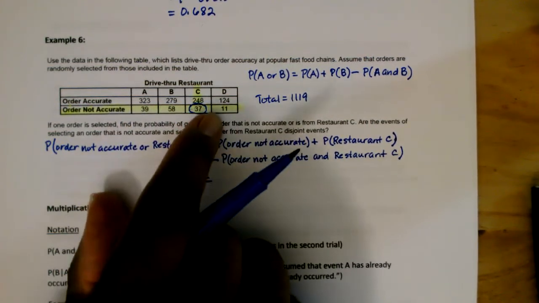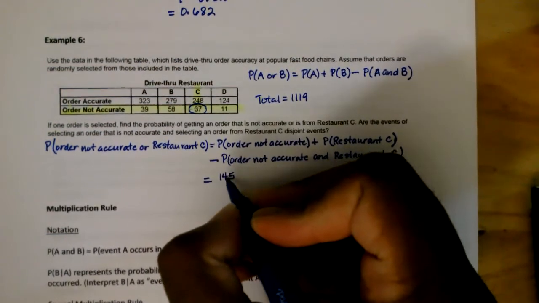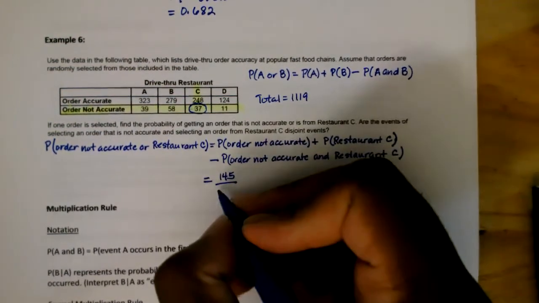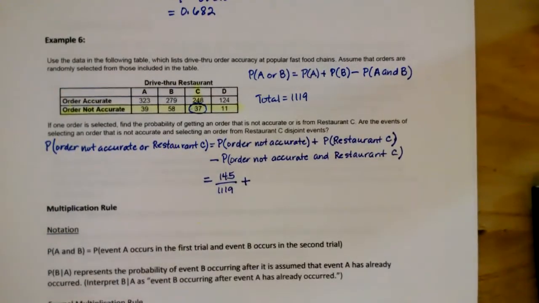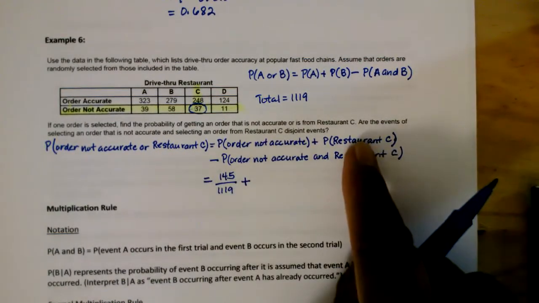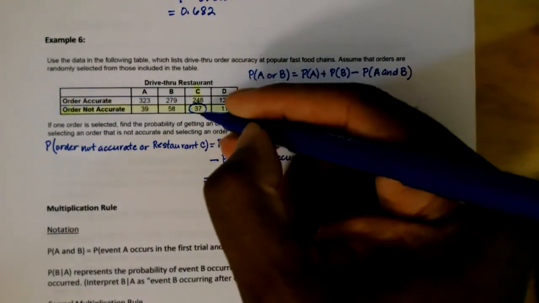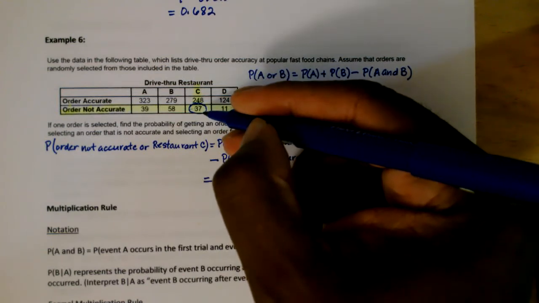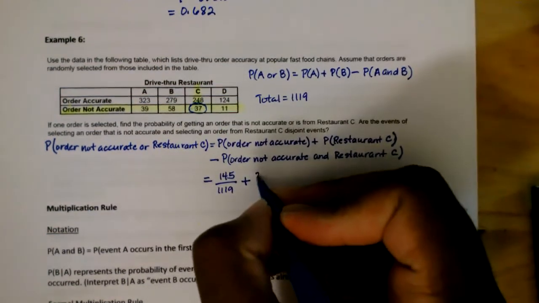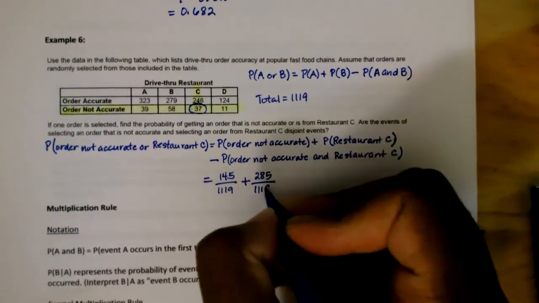These four numbers added together will give you 145. And that's divided by the 1119. And then plus the probability of getting an order from restaurant C. That's this column right here. Add 248 and 37 together, you'll get 285. And that's out of 1,119.